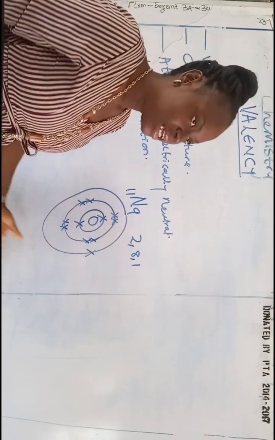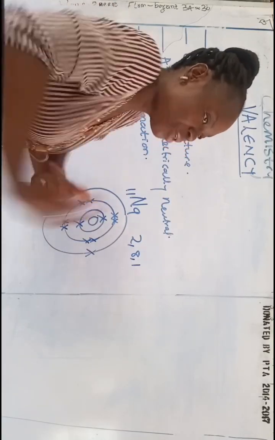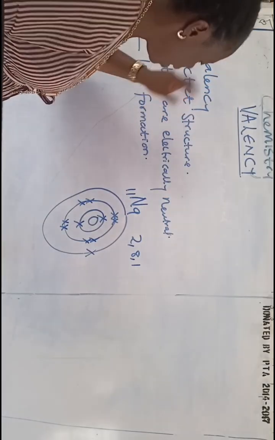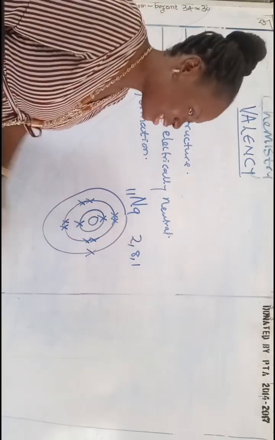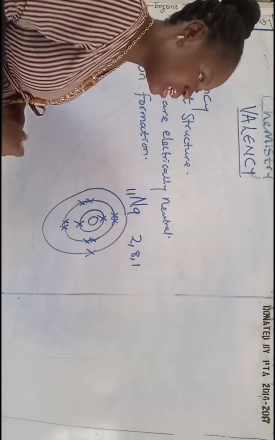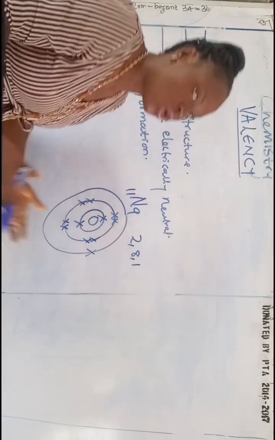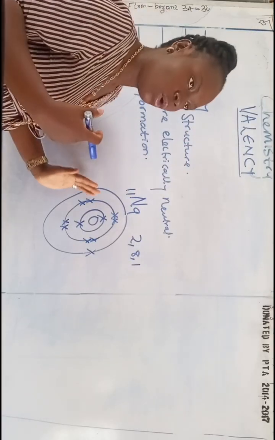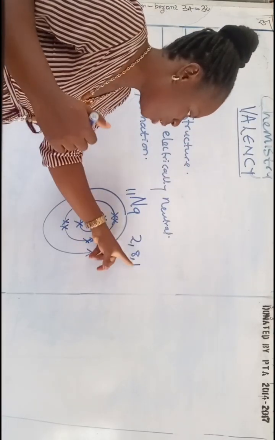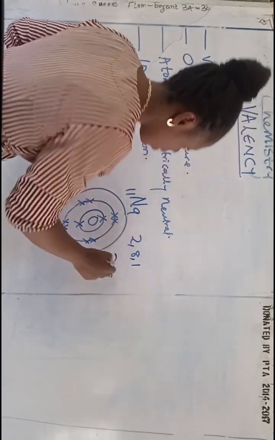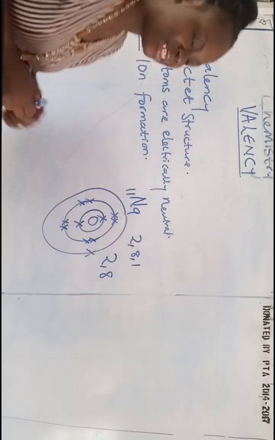So most atoms will want to have 8 electrons at the outer shell. That is why some of them either give electrons or receive. Like in the case of sodium, sodium will be willing to give out this 1 and remain with 2, 8 for it to have the octet structure.